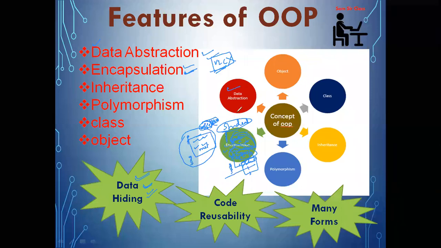Clear? Okay. Now, coming to the third concept, that is your inheritance. Now, what does inheritance mean? See, most people say I am looking like my father. That means my father has some properties, and all those properties come to me by default. So that is, you can say, a hereditary property.